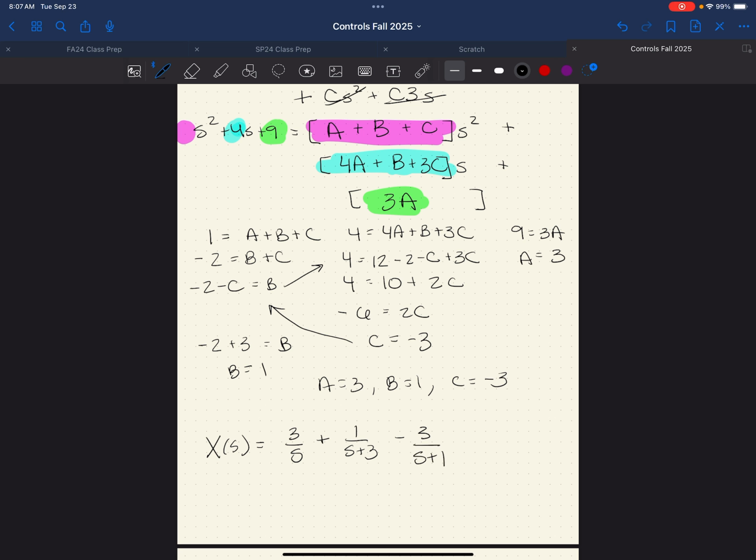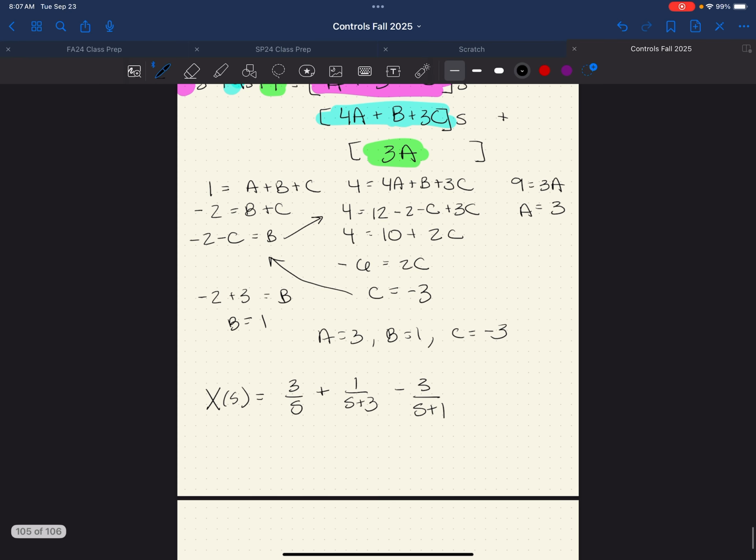All right, great. And this is beautiful because these terms do appear, at least down to multiplication by a constant, on our Laplace transform tables.